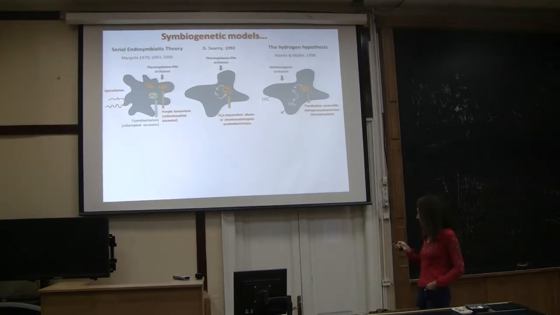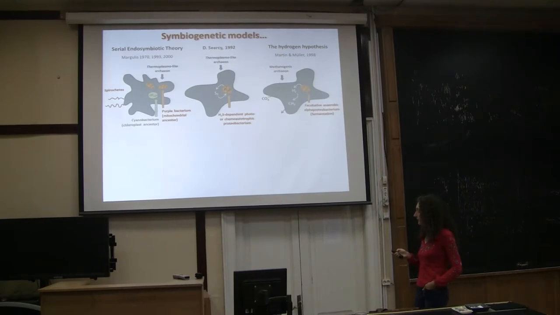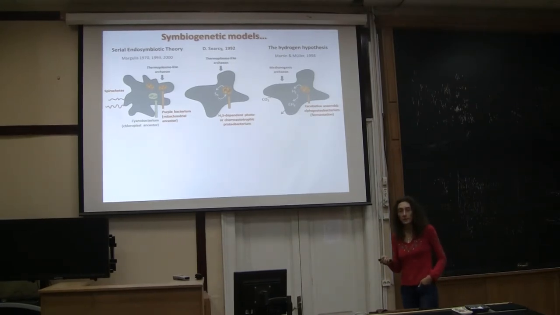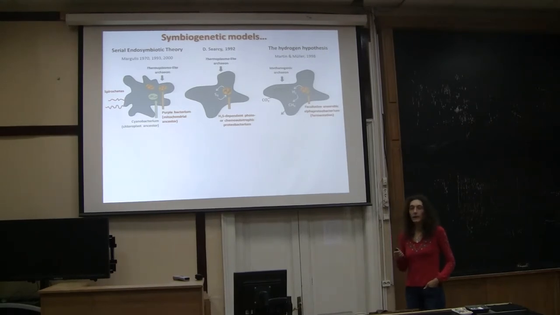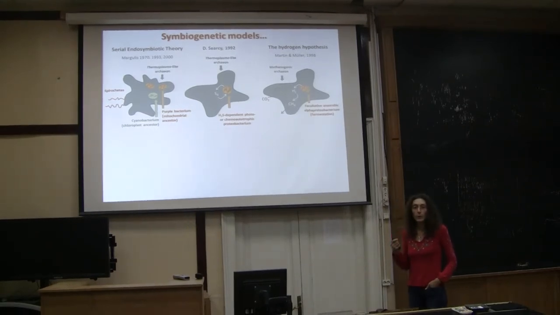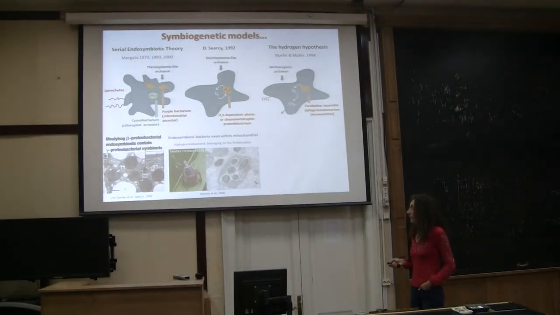Okay, so another type of metabolic interaction. So these type of models were highly criticized for a long time because nobody knew prokaryotes harboring other prokaryotes as endosymbionts until we observed that in nature.